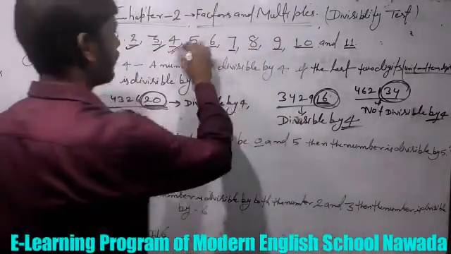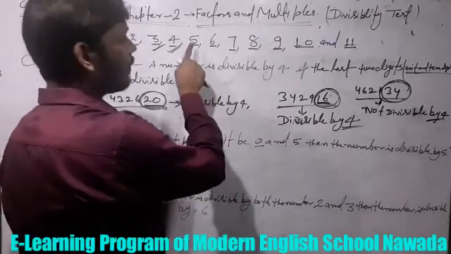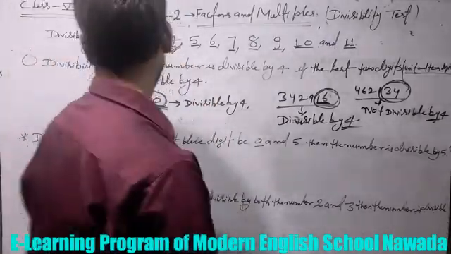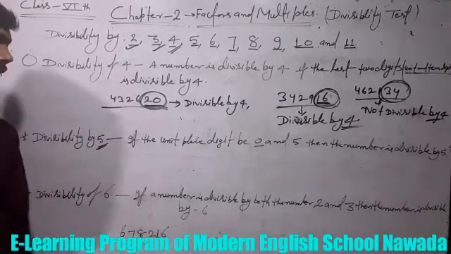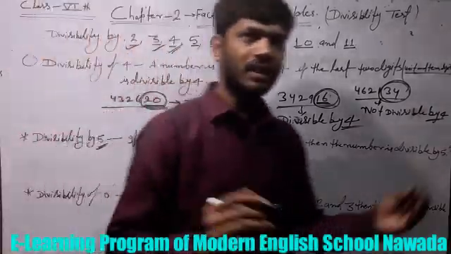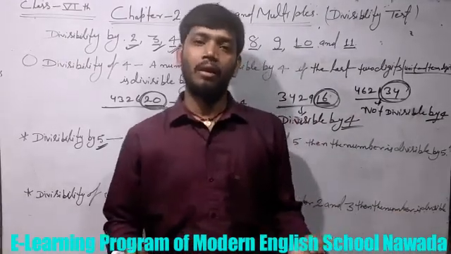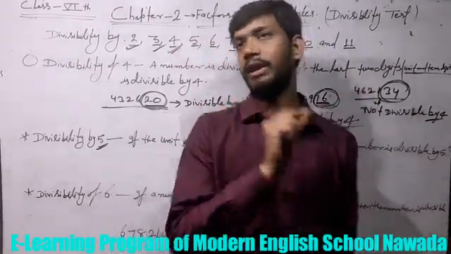Now we will discuss divisibility. Here 4 is understood. Now 5. Divisibility by 5. 5's divisibility is very simple, very easy. You observe its unit digit.